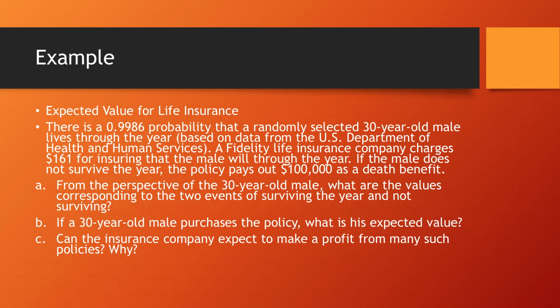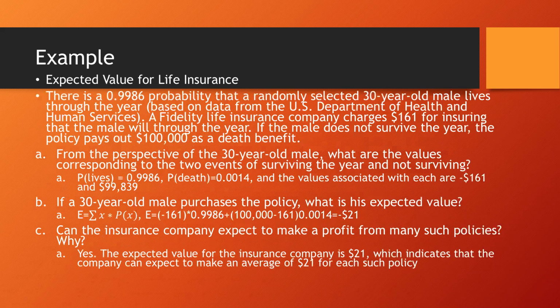In theory, you'd be like, well, I'm dead, so it doesn't matter, but again, that's from the perspective of the calculation, not necessarily what happens when they're gone. B: if a 30-year-old male purchases a policy, what is the expected value? In other words, is it in his best interest to buy this? Like in the long run, what do we expect? And then finally, can the insurance company expect to make a profit from many such policies? Well, you'd hope that they could, but here's how we do the math.